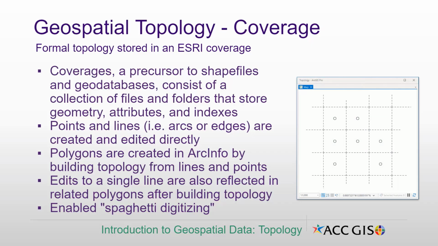And again, if you look at the illustration on the right, you can see that the line feature classes actually extend beyond the polygons. And so you could sloppily digitize a bunch of lines and then build polygons from those digitized lines that were really precise. And you can see in this example right now, I've got all those little lines that extend beyond the polygons, but when I build out the actual polygons, they build very cleanly. This is referred to as spaghetti digitizing.